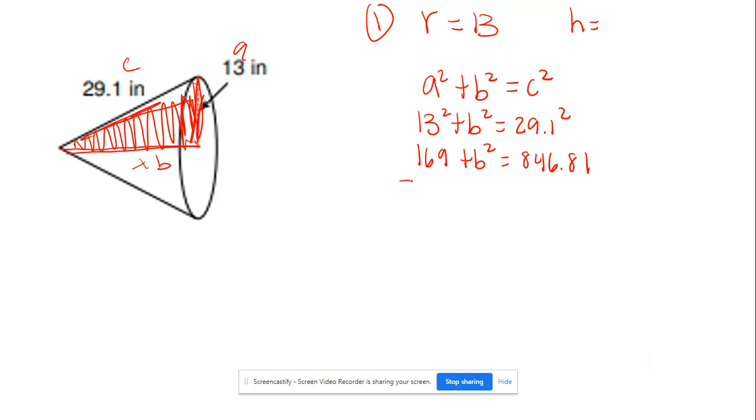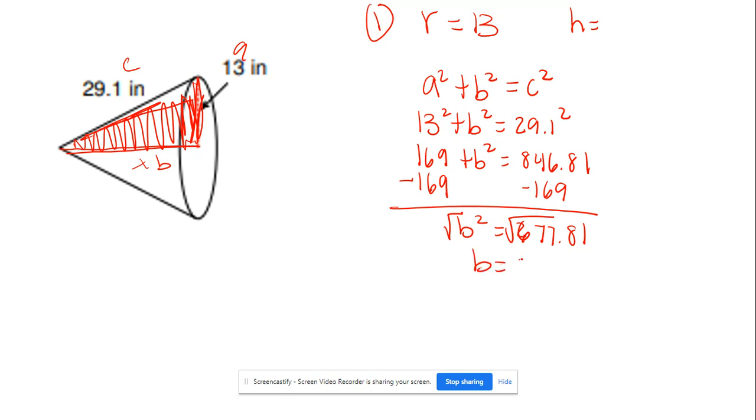Now I need to get b squared by itself, so I'm going to subtract 169 from both sides, and I get b squared equals 677.81. b is not by itself, so you have to take the square root of both sides, so you get b equals 26.03.